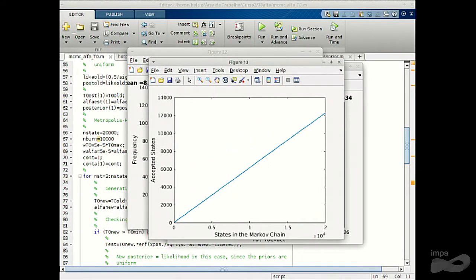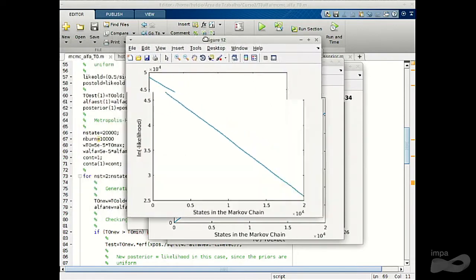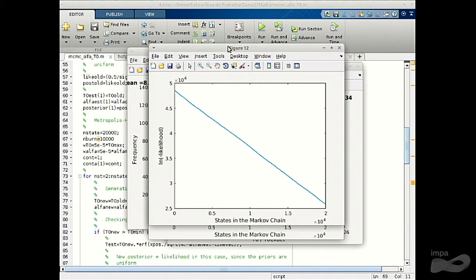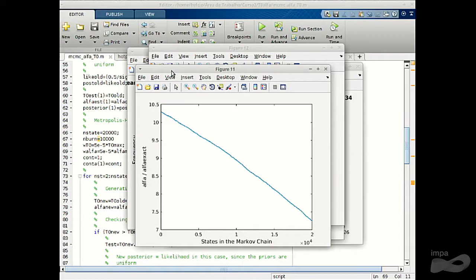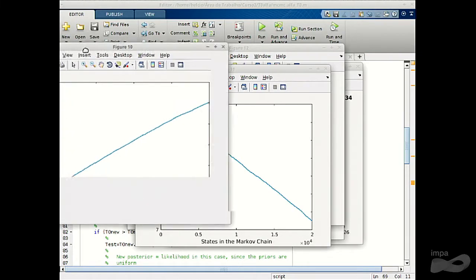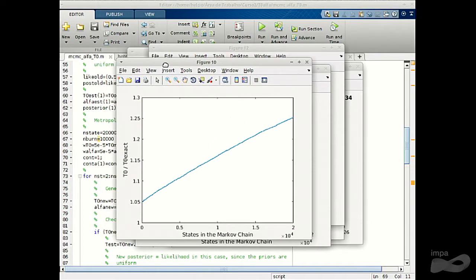See, it's about 12,000. Take a look at the likelihood. It's still decreasing, so we don't have a converged chain, which is what we can see here. And then this is the chain for T0.